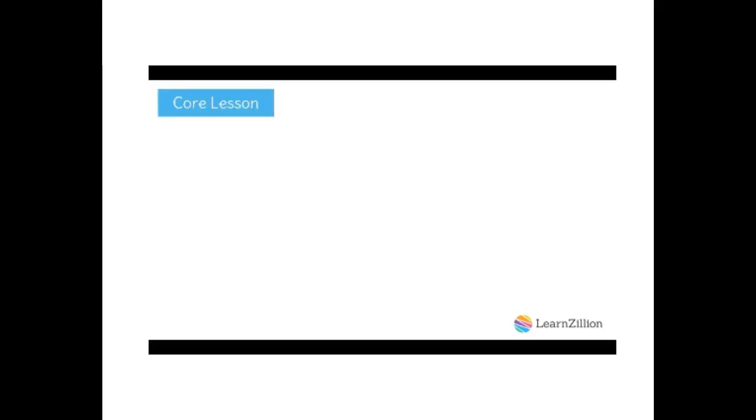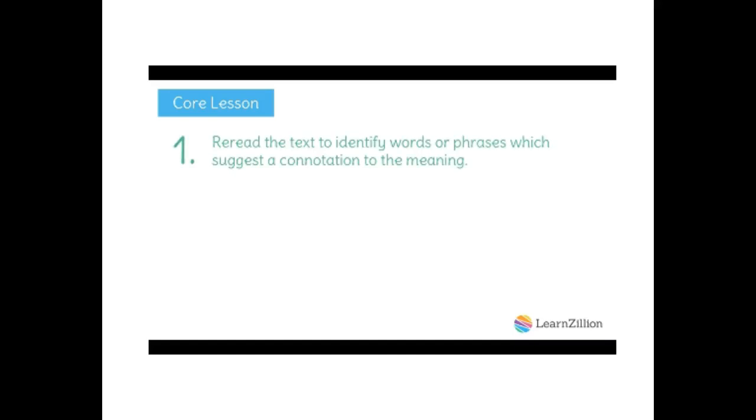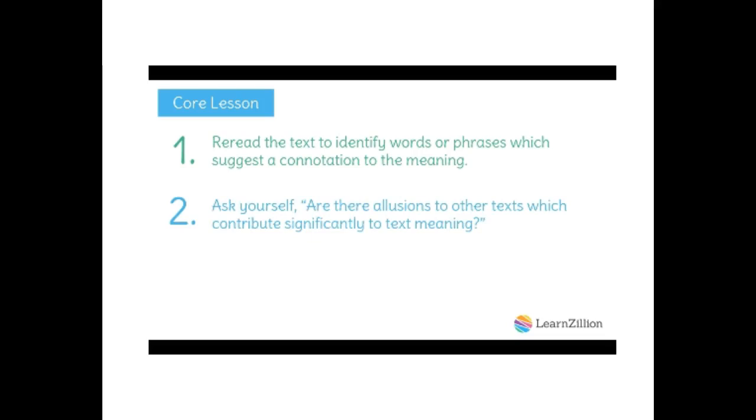Today, as we explore the text for words and phrases the author uses that contribute to the meaning and tone, we're going to use 3 steps. Step 1, reread the text to identify words or phrases which suggest a connotation to the meaning. Then step 2, we're going to ask, are there allusions to other texts which contribute significantly to text meaning?